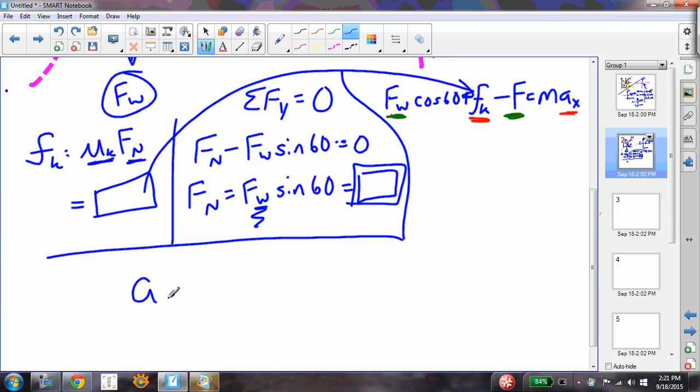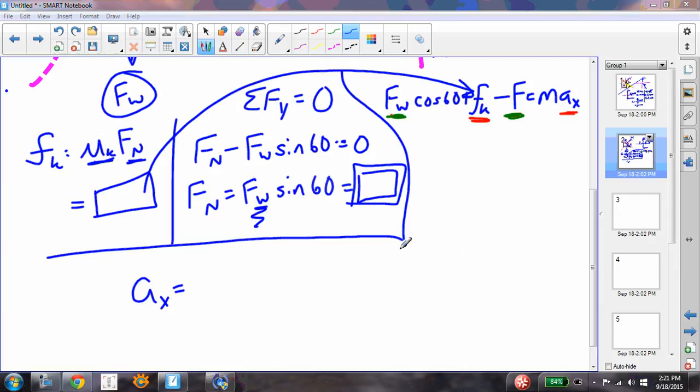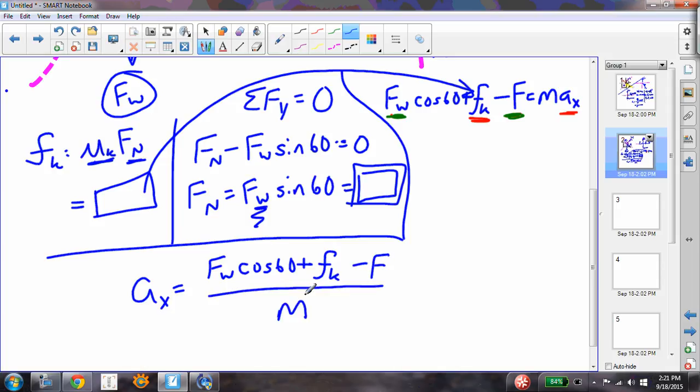So the acceleration in the x direction, solving that, is just Fw, that's mg cosine 60, plus Fk minus F, divided by m.